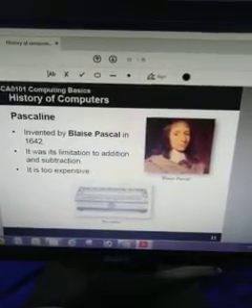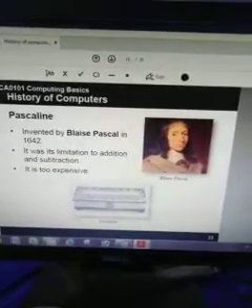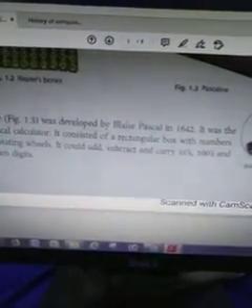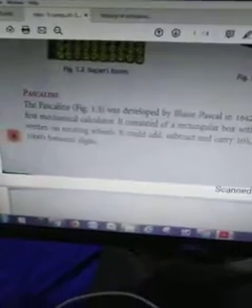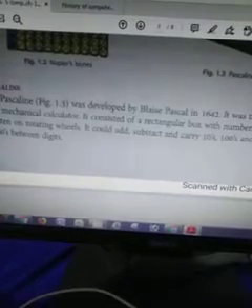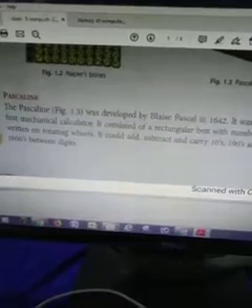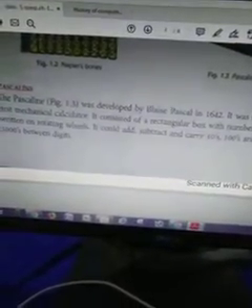By shifting them, the calculation was done. The Pascaline was a type of rectangular box with numbers written on rotating wheels. It could add, subtract, and carry up to tens, hundreds, and thousands between the digits.